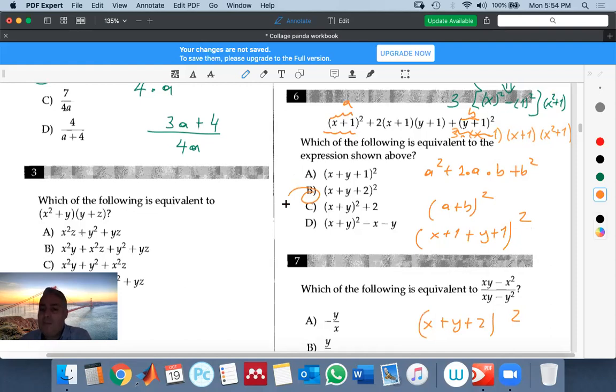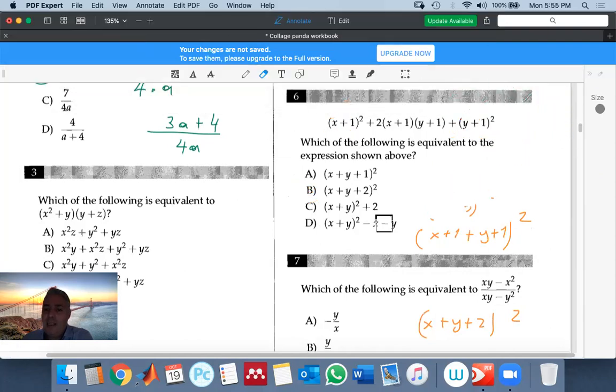Okay? Am I clear for question number 6? Guys, one more time. X plus 1, make it simple. Say it A. Y plus 1, say it B. So you have a squared plus 2 times a times b plus b squared.